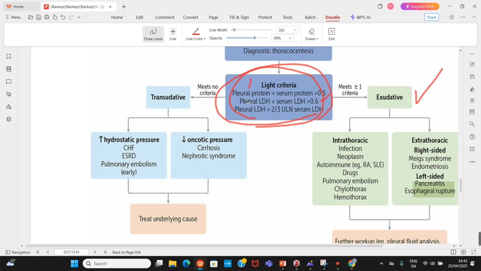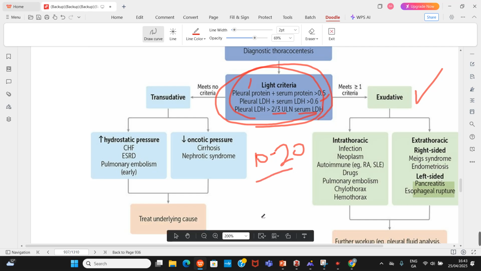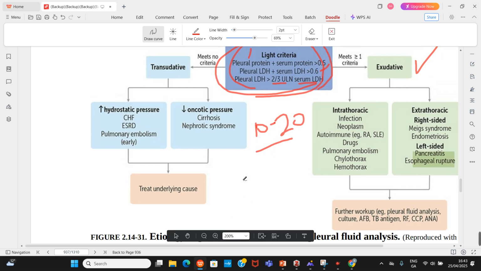So pleural protein over serum protein, is it more than 0.5? Pleural LDH over serum LDH, is it more than 0.6? This pleural LDH you are measuring, is it more than 2/3 of the upper limit of the serum LDH? So if they tell us that the serum LDH is 10 to 20, that is the normal serum LDH that we measured.